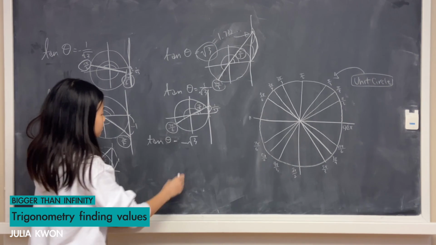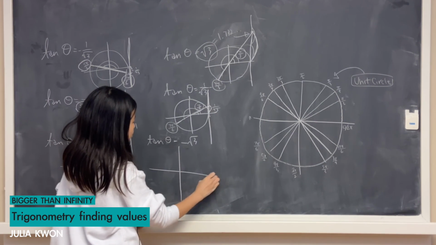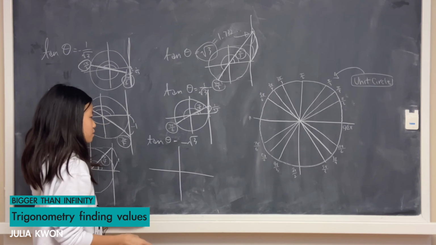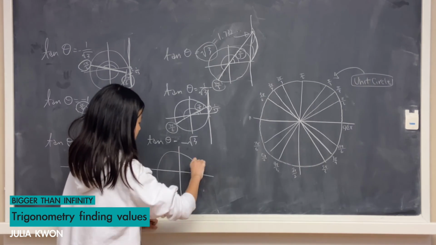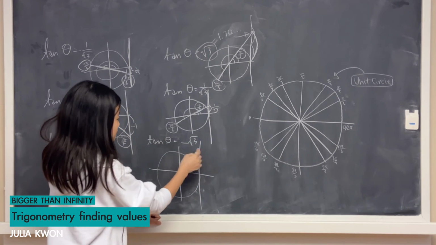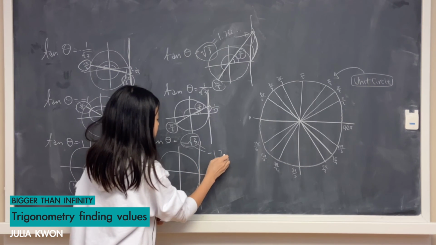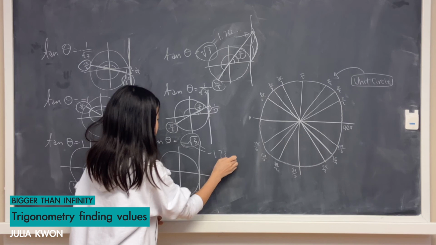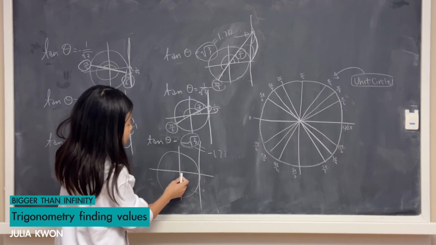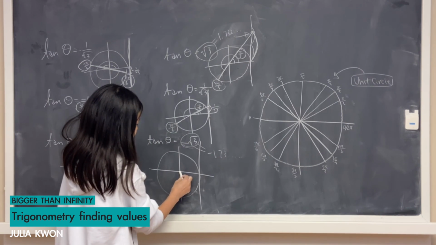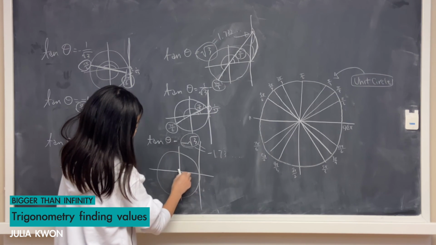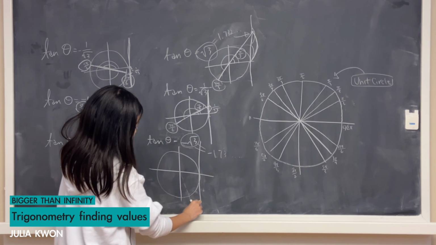And finally, for when tangent theta is equal to negative square root of 3, again, this is in decimals negative 1.73 dot dot dot. So it's like this.